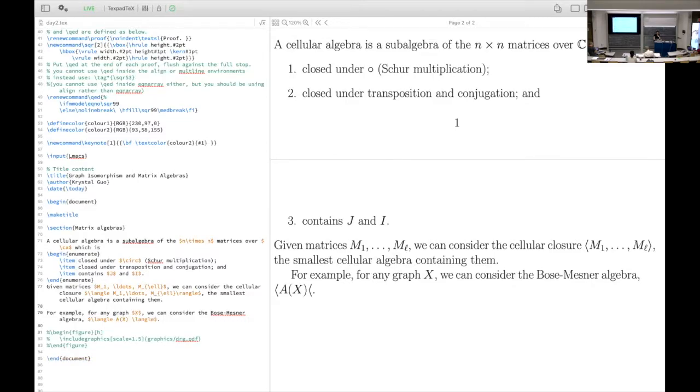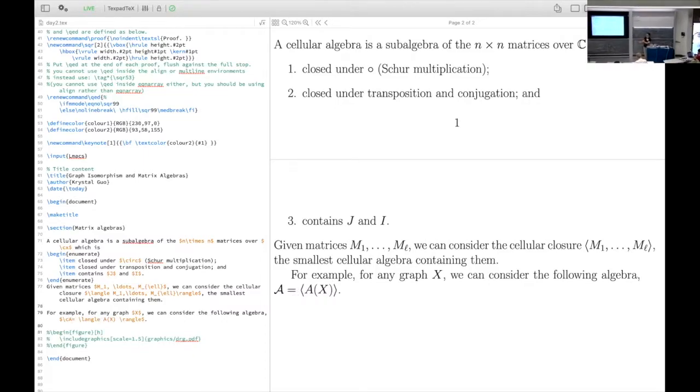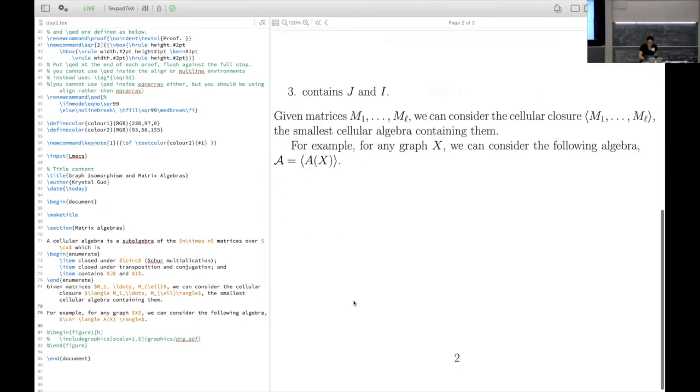Even if that's not commutative, we still call it a Bose-Mesner algebra. So we can consider the following algebra, and let's call it A, just to look exactly like the Bose-Mesner algebra, to be extra offensive.